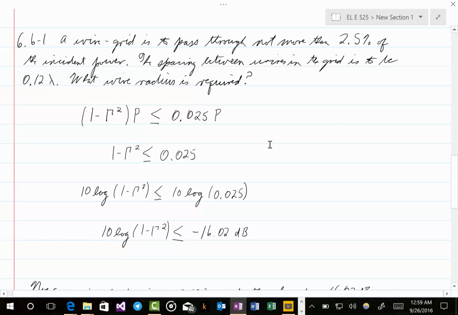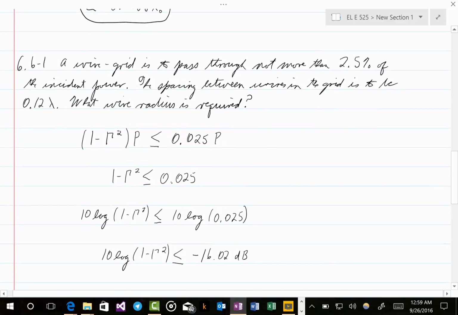The first problem says a wire grid is to pass through not more than 2.5% of the incident power. So that means that most of the power, what we have here is that the antenna is in front of this grid, and the grid is reflecting the radiation from the antenna back, and we want it to reflect most of it.